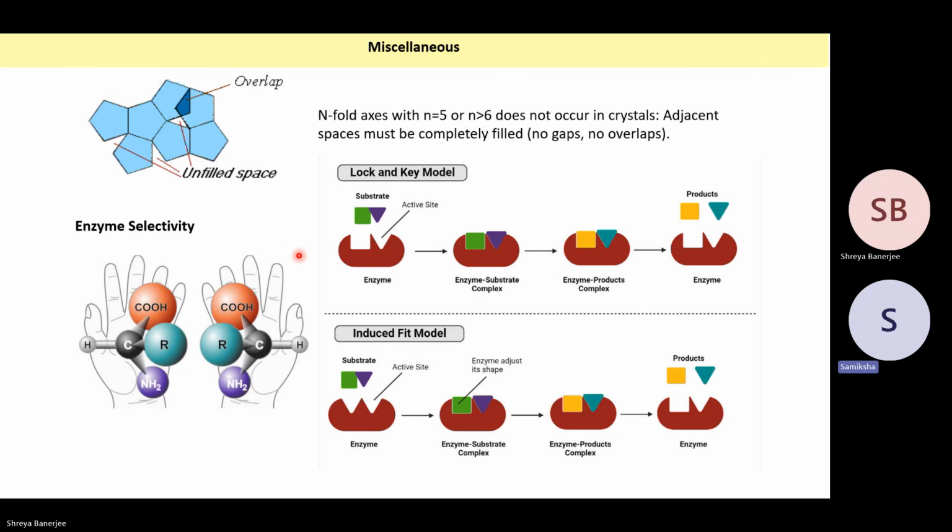No, ma'am. In the case of enzymes, the enzymes which are present in our body only contain L amino acids, because they are the naturally occurring enzymes in our body. They will only contain L. And can we provide artificial enzymes from outside?